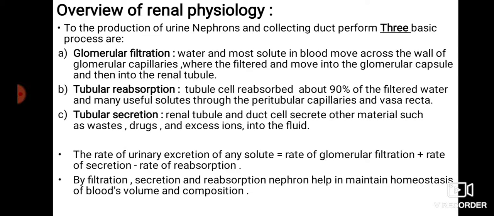If any one of the processes is hampered or stopped, the homeostasis of blood volume and composition will be hampered. There will be an imbalance in the composition of the blood volume and concentration. So this is the meaning of this line. Shall we move to another slide?